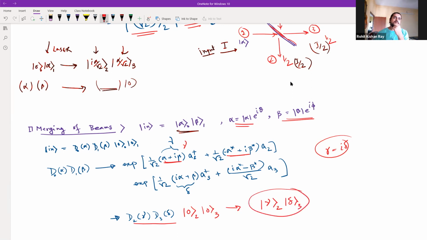Using the expressions here, one can calculate explicitly what gamma and delta are, and then can see that the merging of beams, like we are talking about, has taken place.